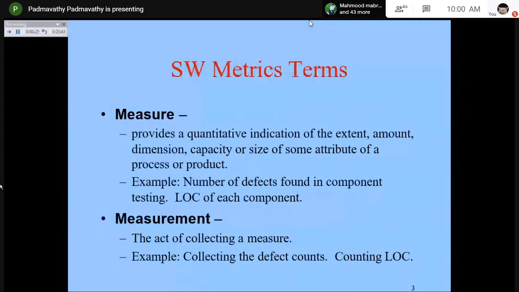Capacity, how much storage space it is going to occupy in the database for the particular project, the size of some attribute. If it is a numerical attribute, to what extent it is going to accept the values, or if it is an attribute which accepts alphabet characters, then what is the length of the particular attribute.